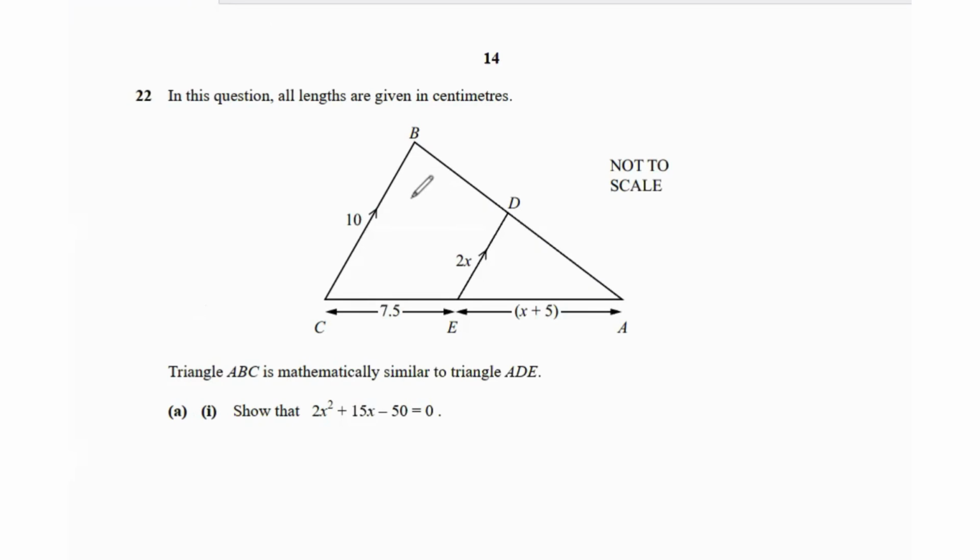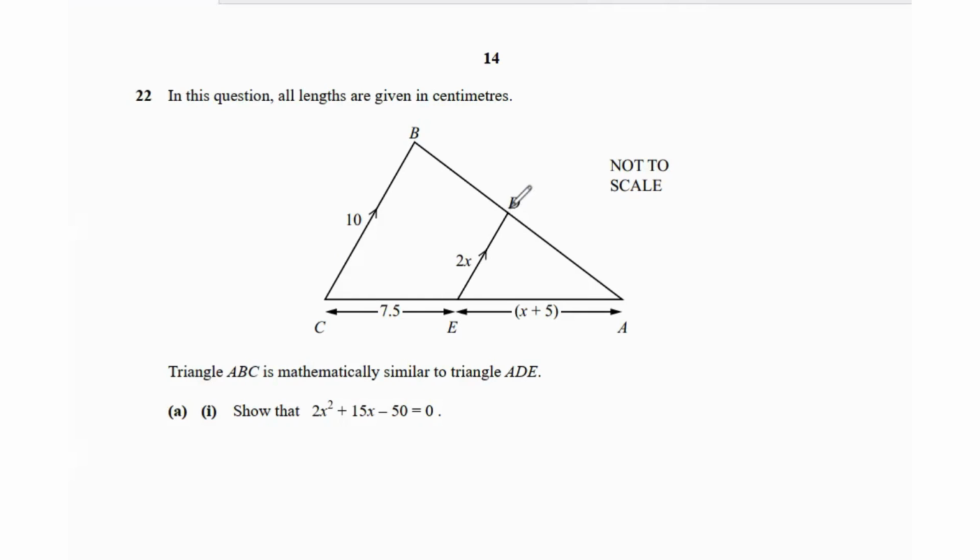So when two shapes are mathematically similar, that means the bigger shape is being enlarged by a scale factor. And if it's being enlarged by a scale factor, that means all of the lengths are being enlarged by the same scale factor. So for the scale factor, what we do is we divide the enlarged length by the original length.